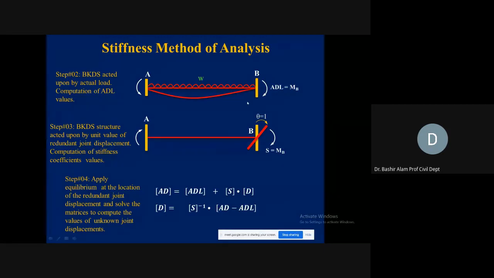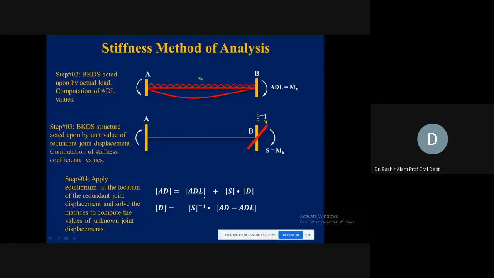After generating the stiffness matrix multiplied by the corresponding displacement, because this is for the unit displacement, we need to multiply by whatever actual displacement we have here in order to create the actual moments, and those moments will take care of the moment produced here. And this way we can put this system in equilibrium.